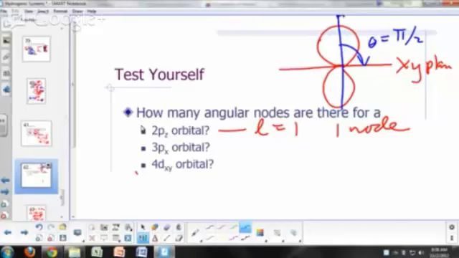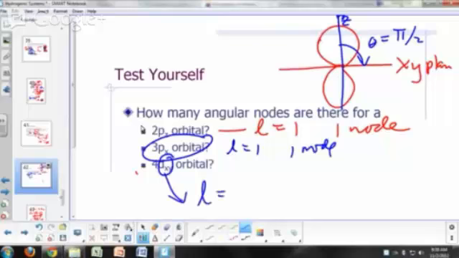Theta is the angle that you form with the z-axis to get to the point. So that's the angular node for a 2pz orbital. 3px orbital, again, L equals 1, you get one node. 4dxy, for a d orbital, L equals 2, you're going to get two nodes.